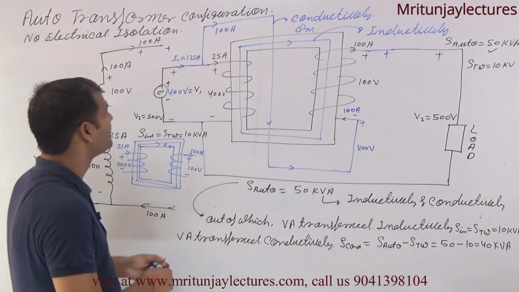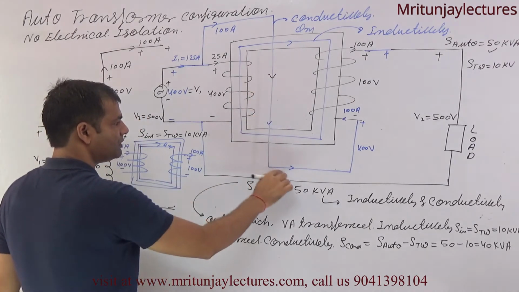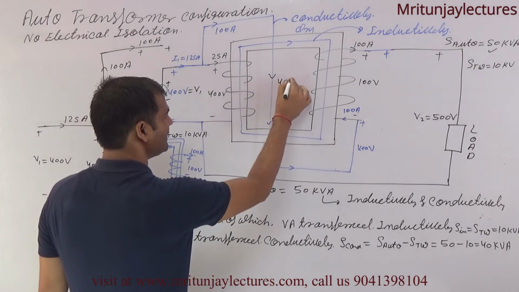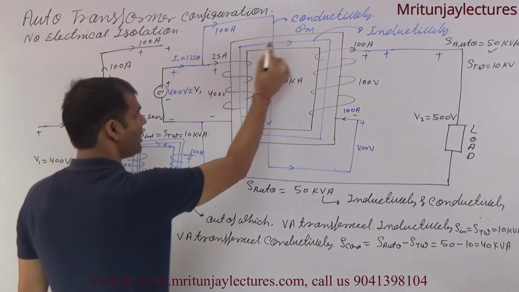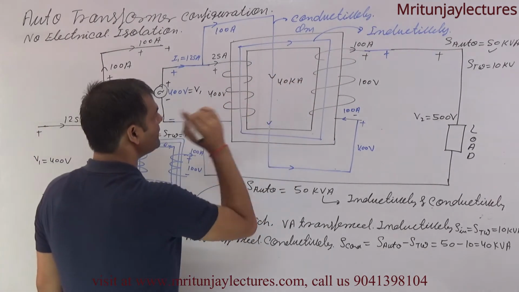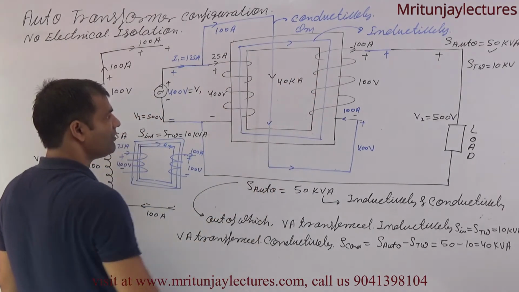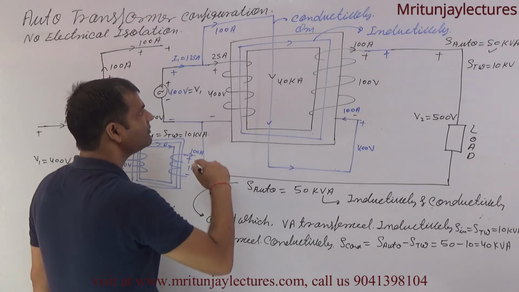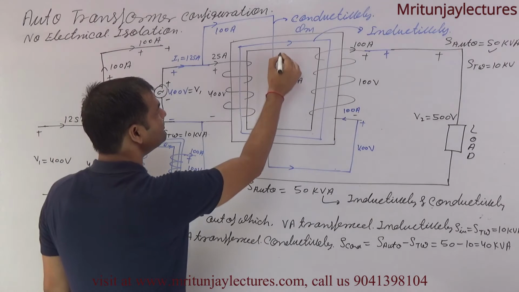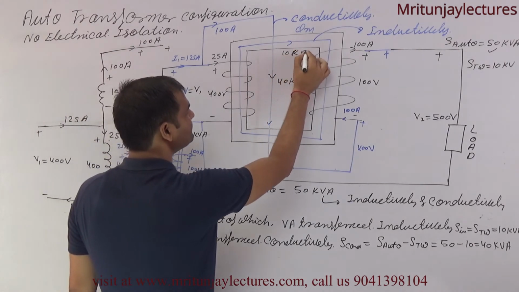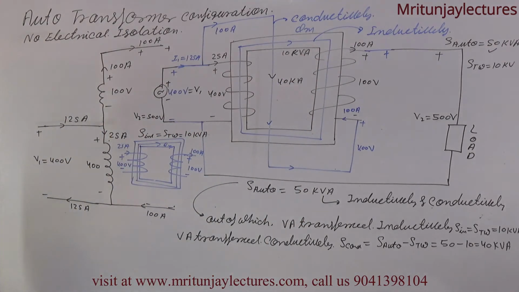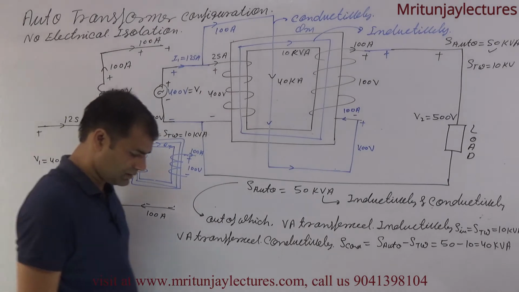It means power flow through the conducting wire is 40 kVA, and power through induction, or through phi m, how much? That is 10 kVA. Clear?